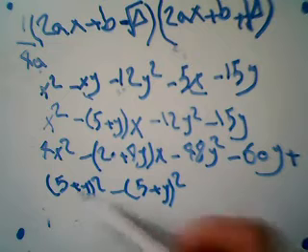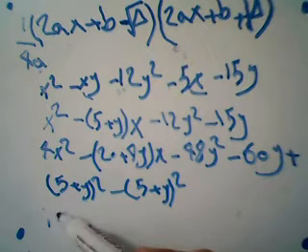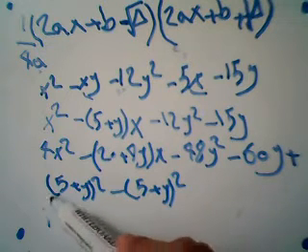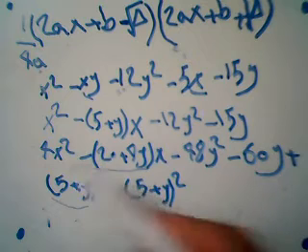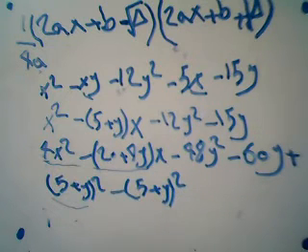Again, these three terms, this and this, are in the form of the perfect square identity.